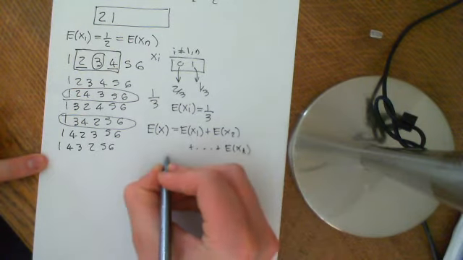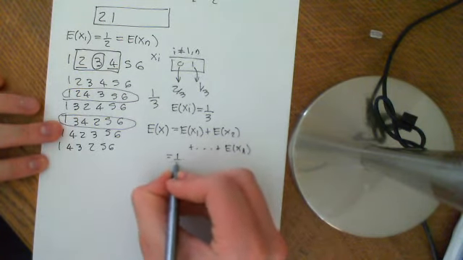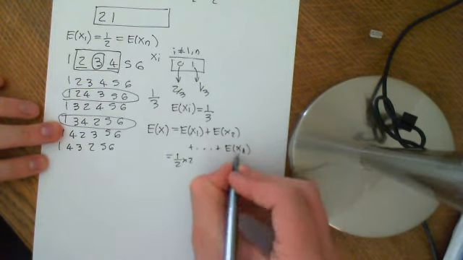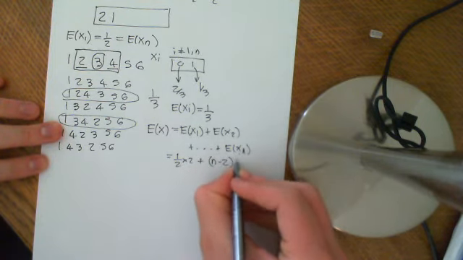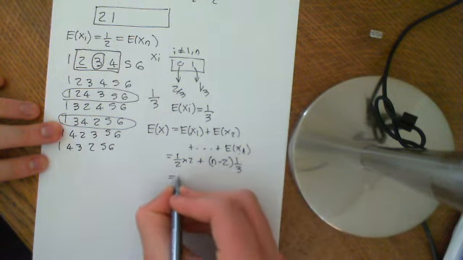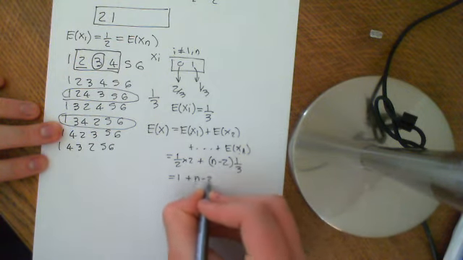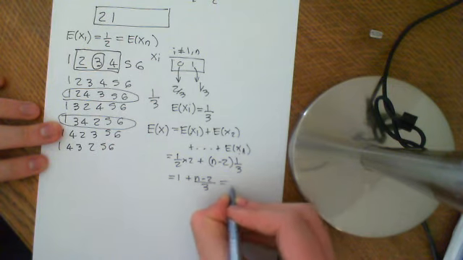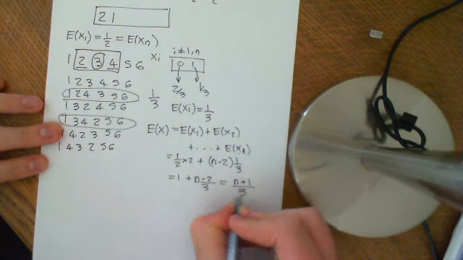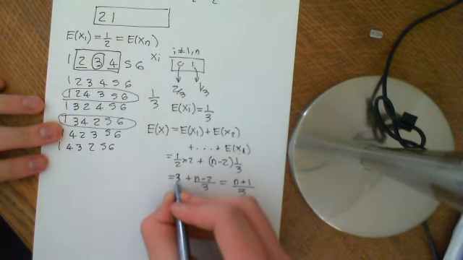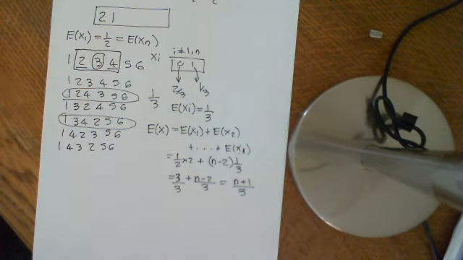It's equal to a half times 2 for the two end points, plus n minus 2 lots of 1/3. So it's equal to 1 plus (n minus 2) over 3, and we can make that look slightly nicer by rewriting it as (n plus 1) over 3, by saying that 1 is equal to 3 over 3. Okay, so that is the solution to this problem.